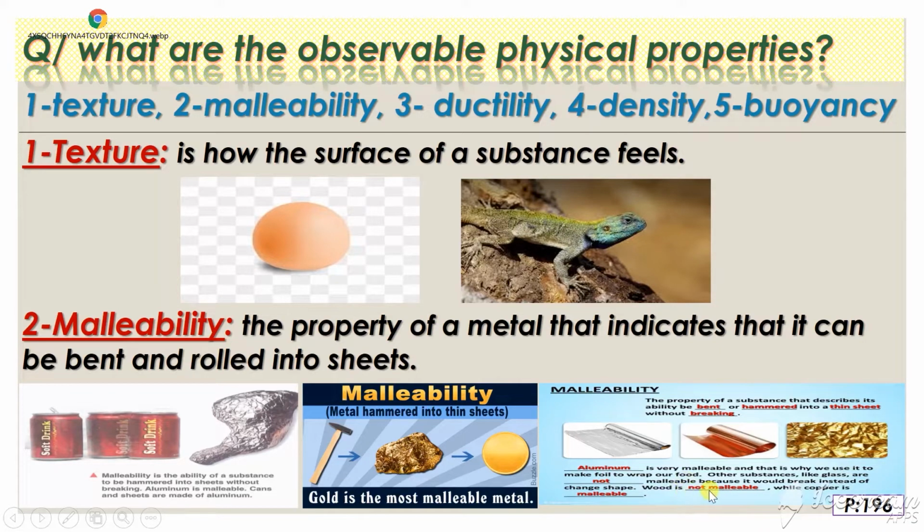Copper is malleable too, but glass and wood are not malleable, because glass would break instead of changing shape. Aluminium is very malleable, and that is why we use it to make foil to wrap our food.